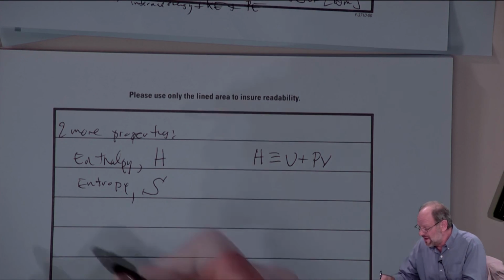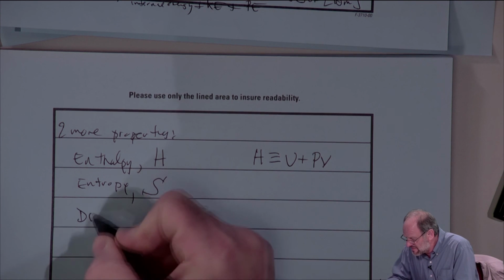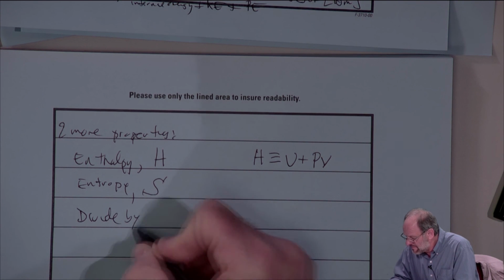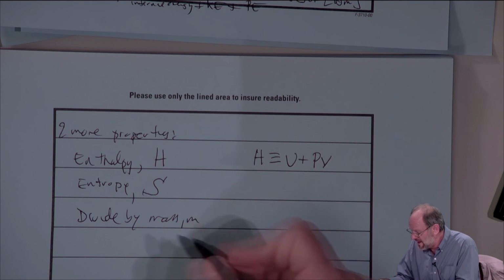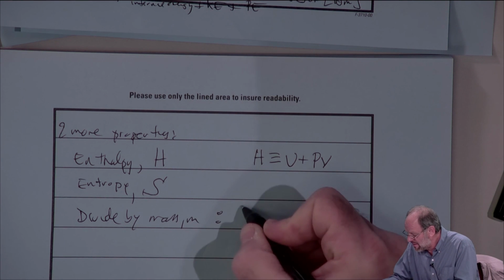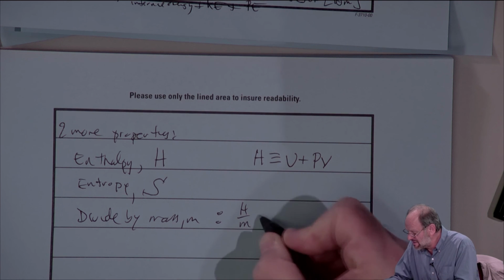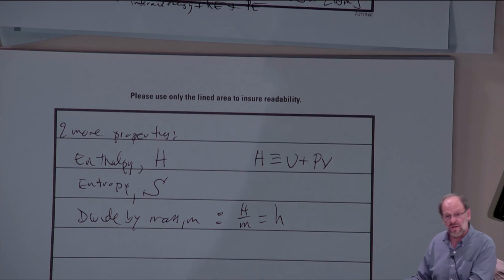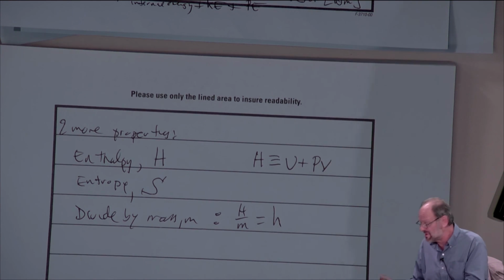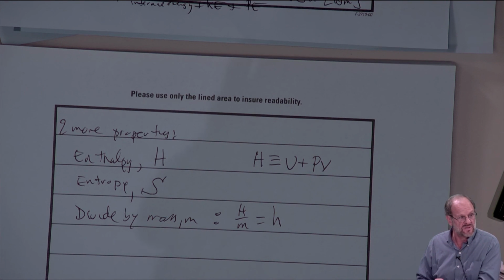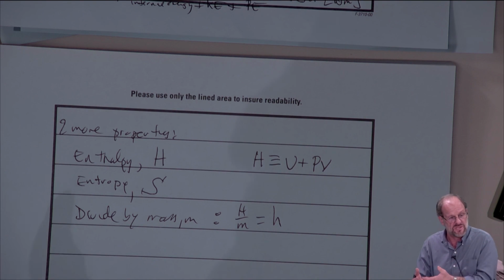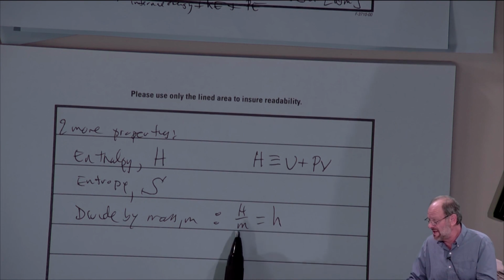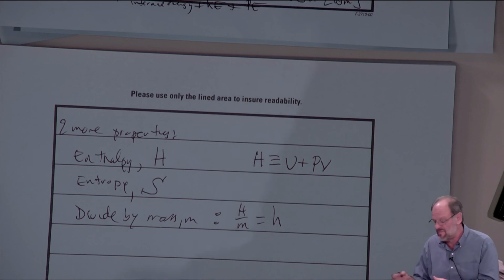I might note that we can also divide these by mass. So for instance, if we divide the enthalpy by the mass, well, now we get lowercase letter h, just like for everything else. The total volume over its mass was lowercase letter v. We call it specific volume instead of volume. The total internal energy divided by mass is a specific internal energy. The total enthalpy divided by mass is now called the specific enthalpy.